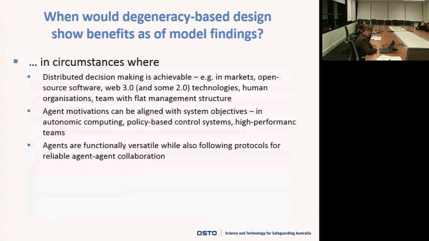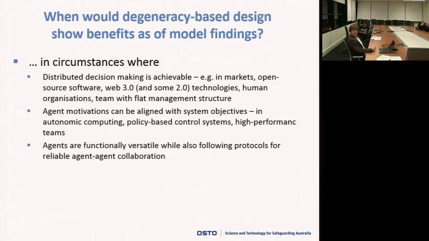There's a number of things that you can draw from the model already. You get benefits from degeneracy-based design, number one, if you have some form of distributed decision making. I indicated to you that the agents make their resource allocation decisions in a decentralized way.